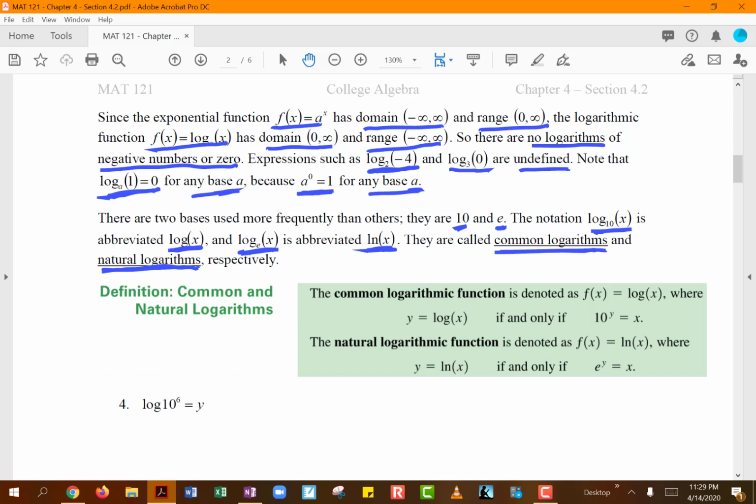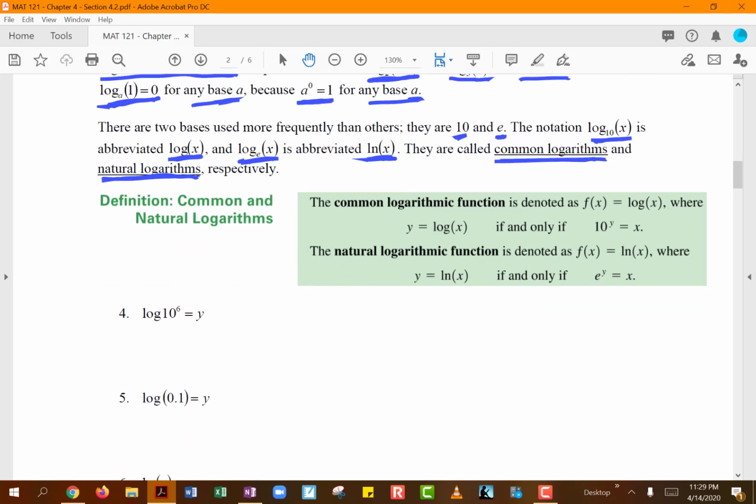And if you look on your calculators, you will see there are keys for both of these logarithms. You will always have the natural log key and you will always have the common log key. So we can use that same definition for common log and natural log that we saw before.